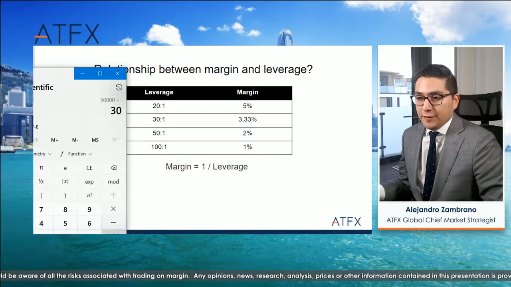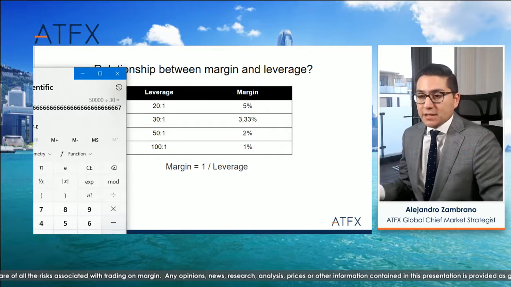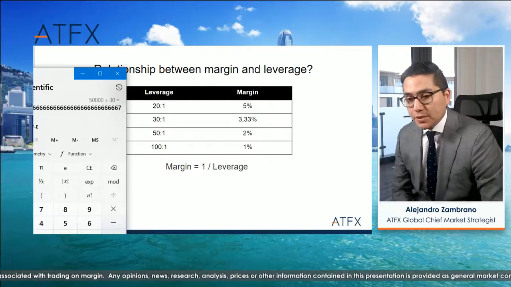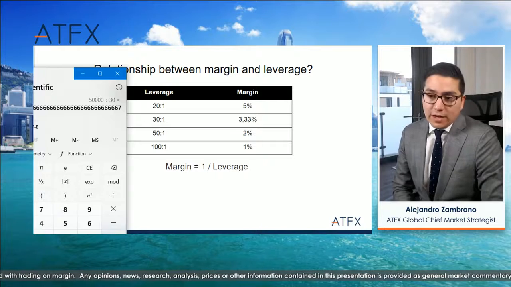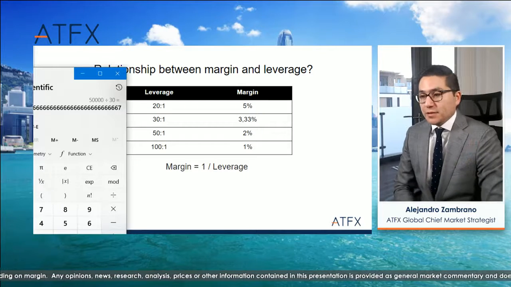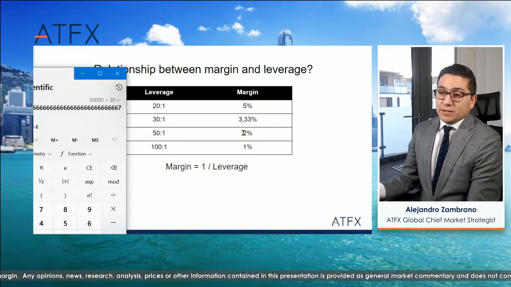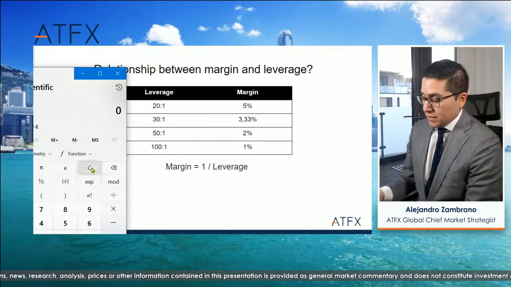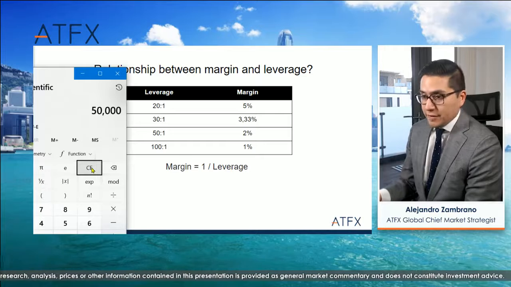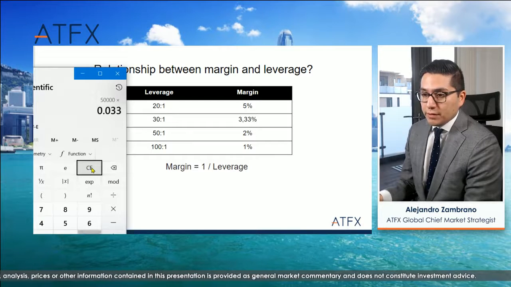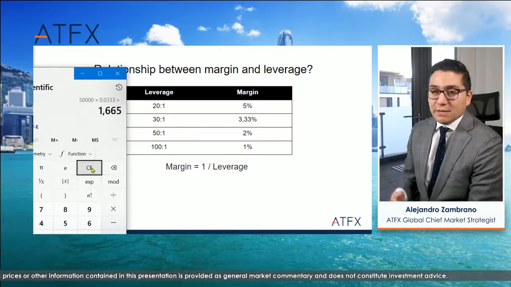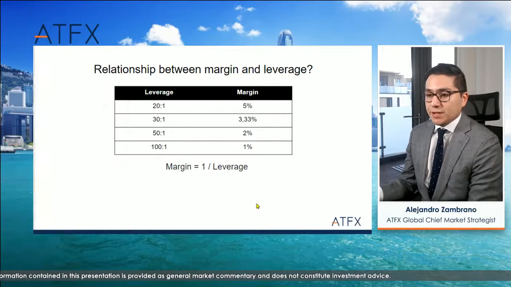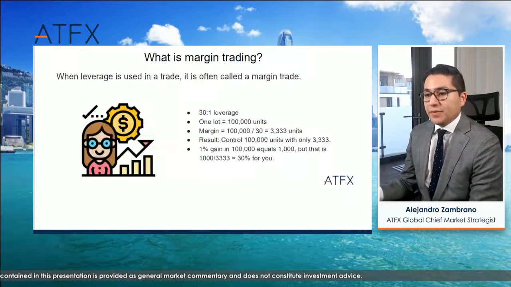Then 50,000 divided by 30, that means that to open a position worth 50,000, I need to put $1,666 as a deposit. And that is also the equivalent of 3.33%. So 50,000 times 0.0333 is pretty much the same amount as we had before. And that is the relationship between margin and leverage.